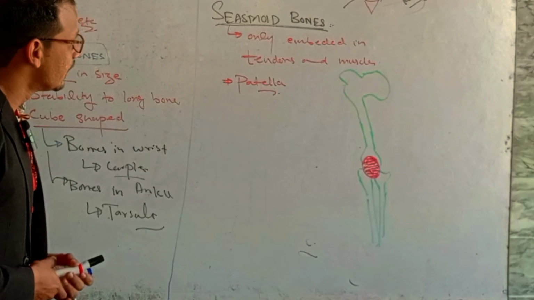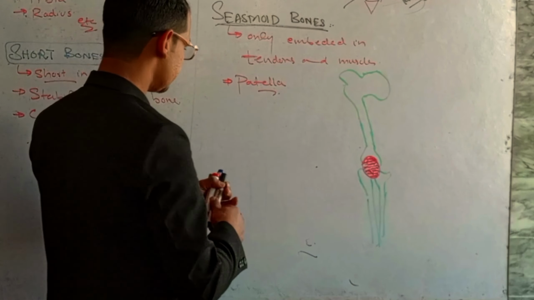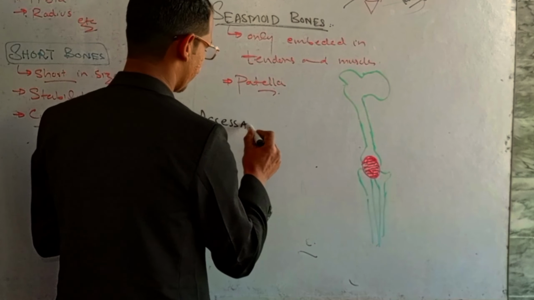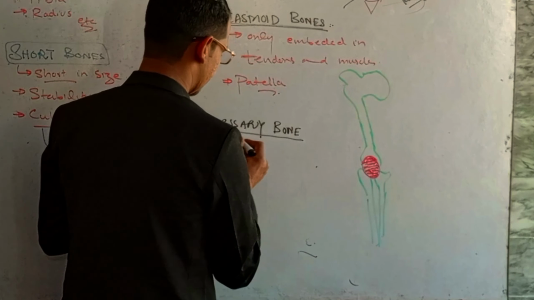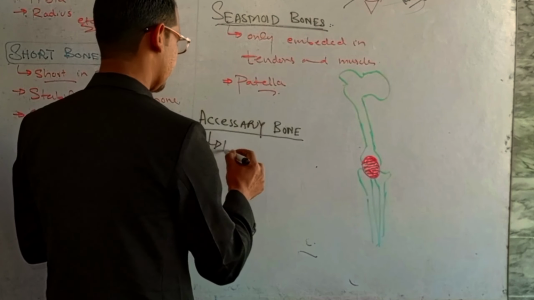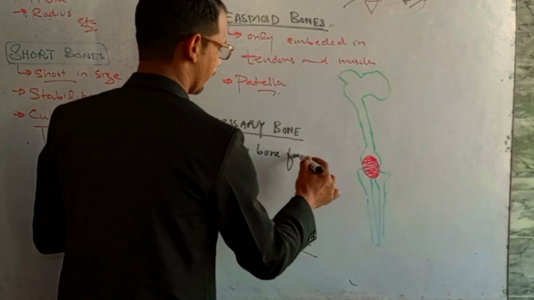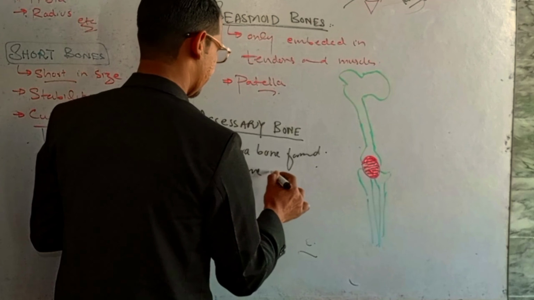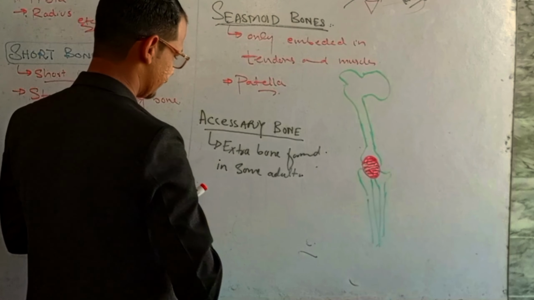The next is the accessory bone. What is an accessory bone? This is an extra bone formed in some adults, especially in horse riders.